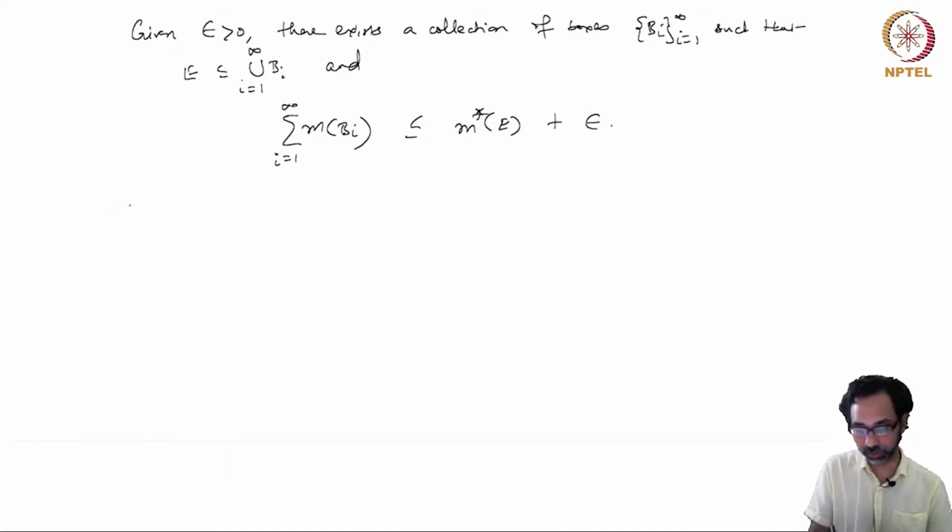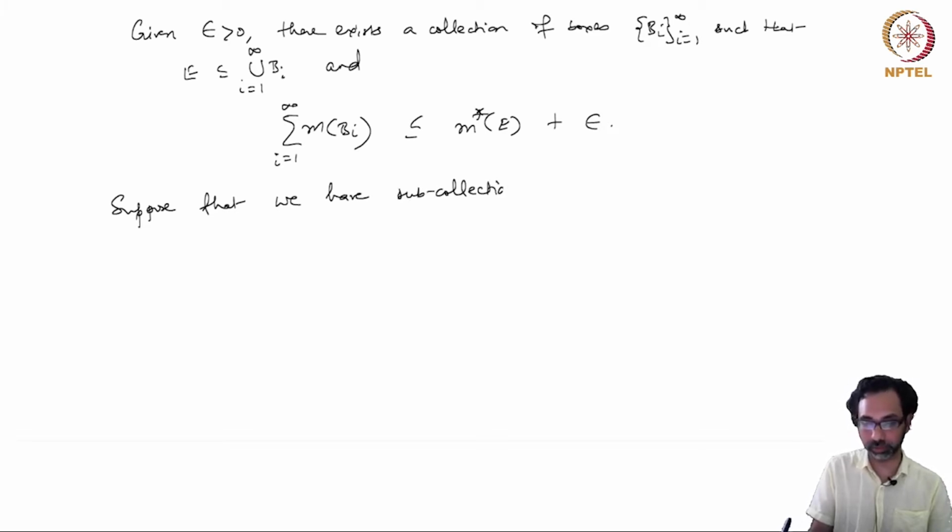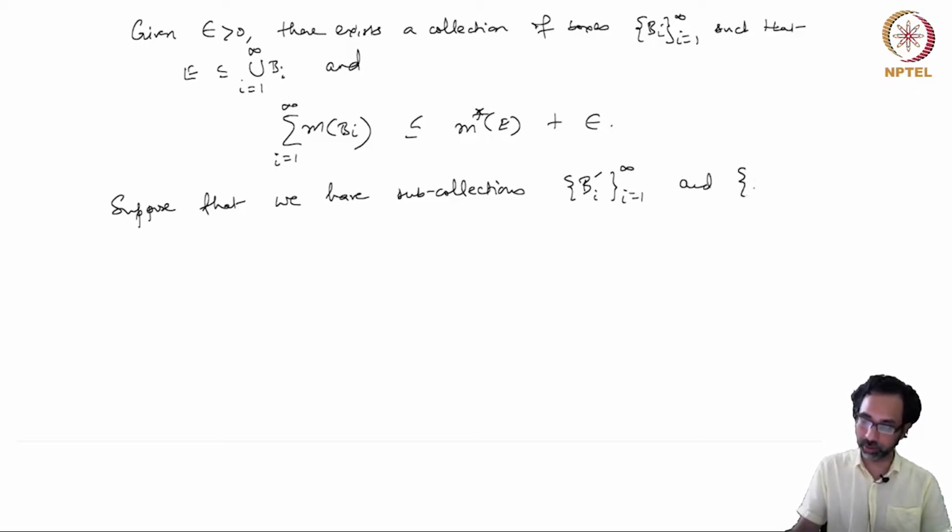Now suppose that we have subcollections Bl prime, l equal to 1 to infinity, and Bj double prime.